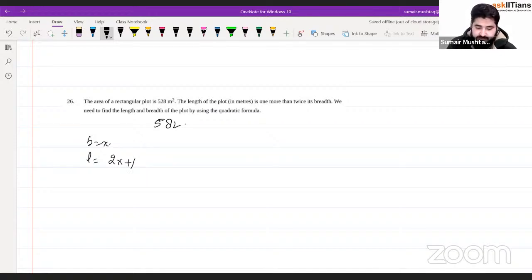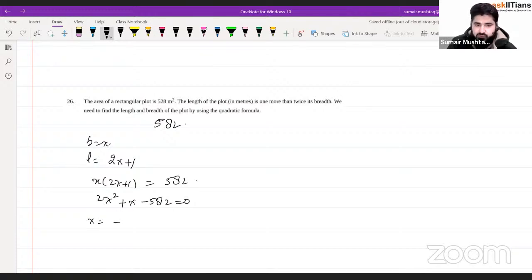So how to get it? Since the area is equal to x into 2x plus 1, this is equal to 528, right? So this will be equal to 2x square plus x minus 528 is equal to 0. So this is a quadratic equation. Go with the quadratic formula.